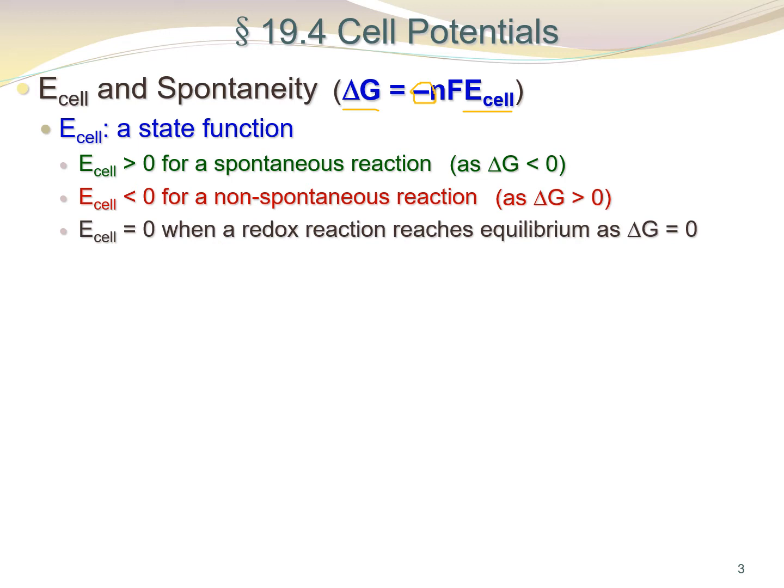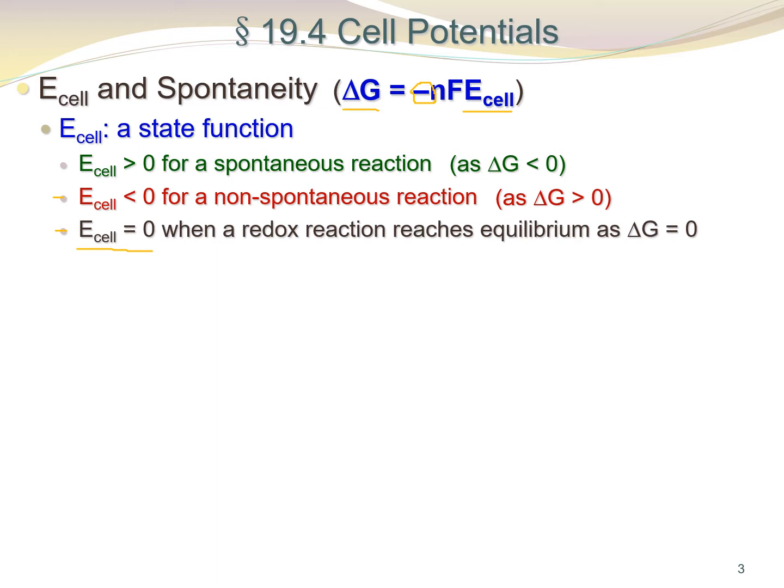In reality, when we have a battery, these two actually would not occur. Because when the battery is completely dead, which is very unlikely in our real life, this is the case where E cell equals to 0.